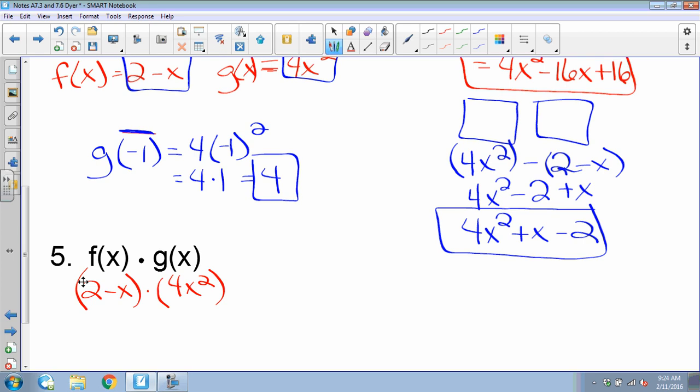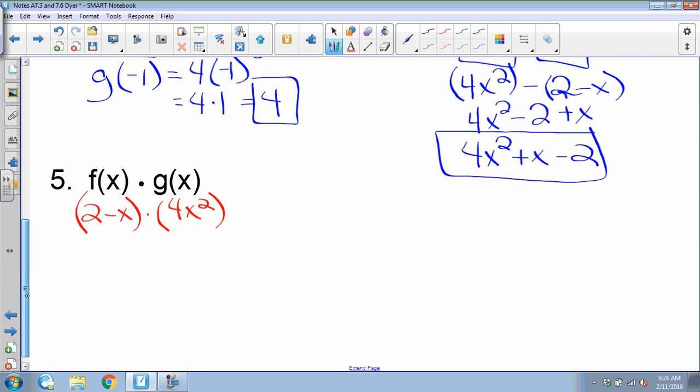The 4x squared. So 4x squared times 2 is 8x squared, and then 4x squared times negative x is negative 4x to the third. And then I'm going to put it in the correct order: negative 4x to the third plus 8x squared.